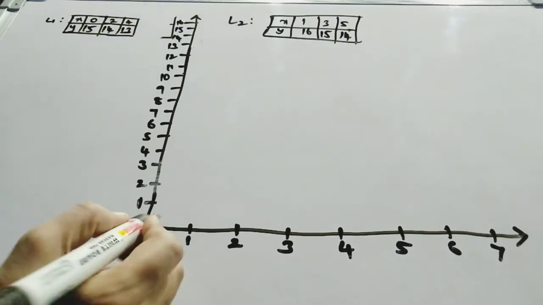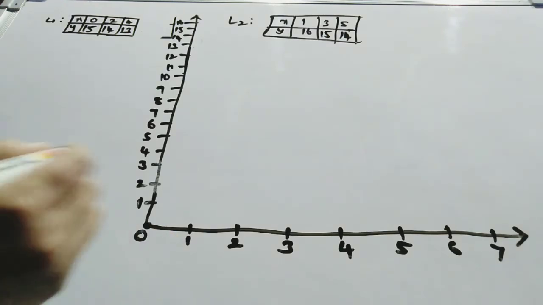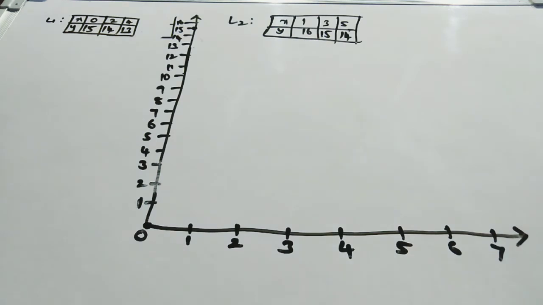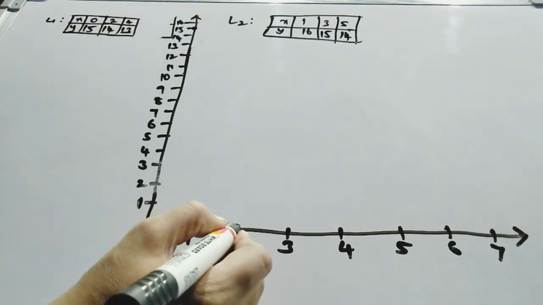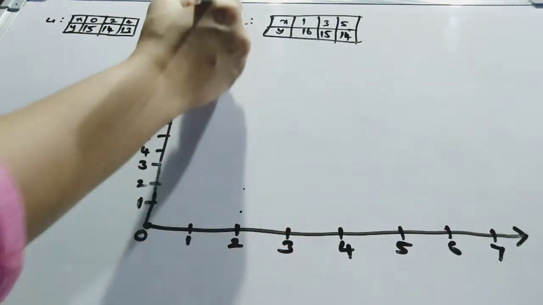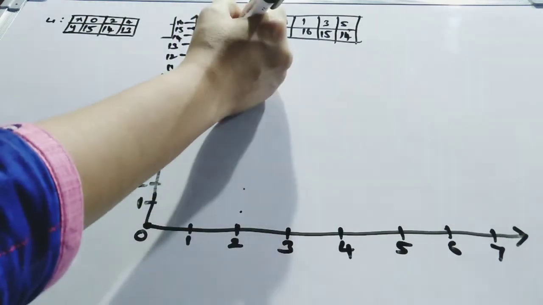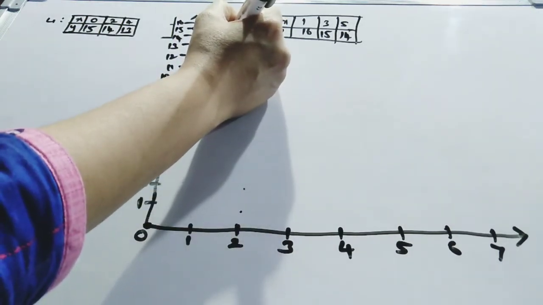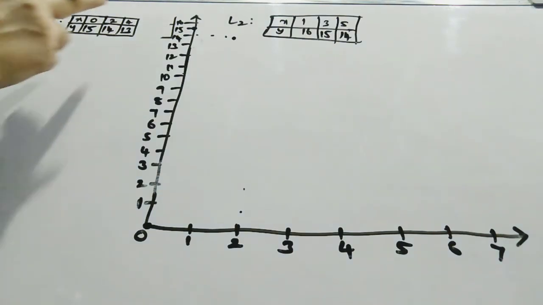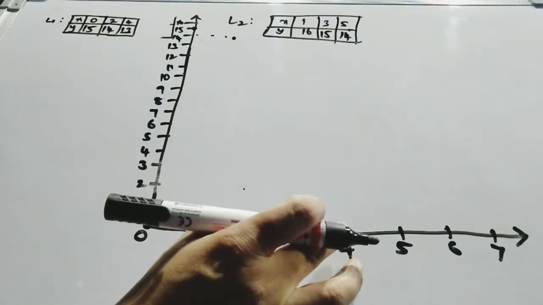When the x value is 0, y is 15. When the x value is 2, the value of y is 14. The next one is when x is 4, and y is 13.